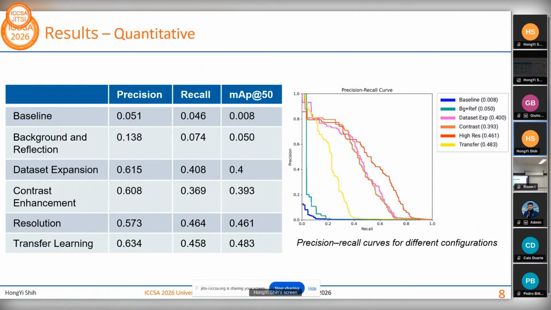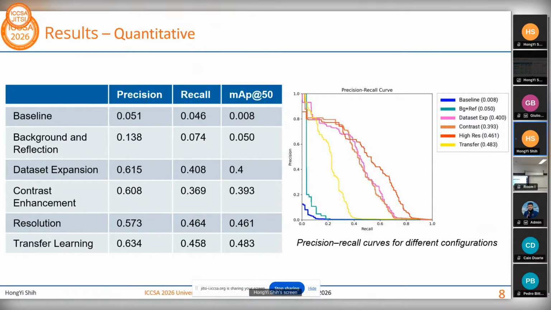But the precision slightly drops because the higher resolution images also make decorative textures and crack-like background patterns more clear, so it has more false positives in the texture areas. And for transfer learning, it has the highest and best overall performance, suggesting that it is more reliable for detecting the cracks and has better overall detection quality.